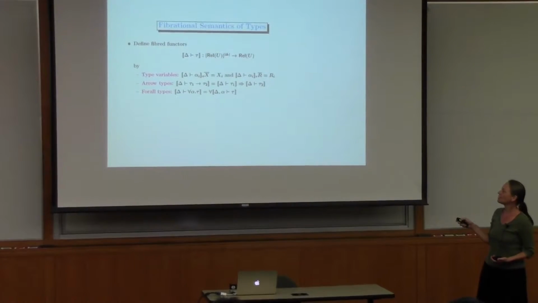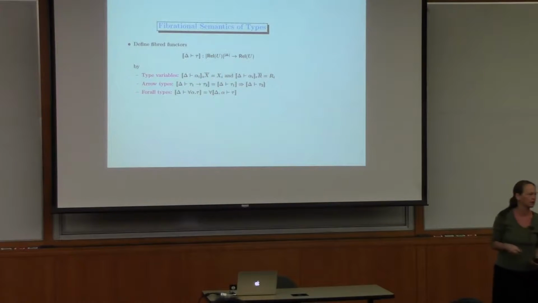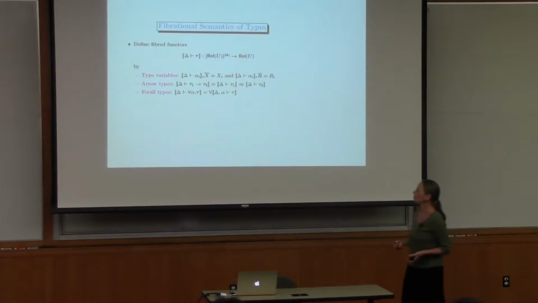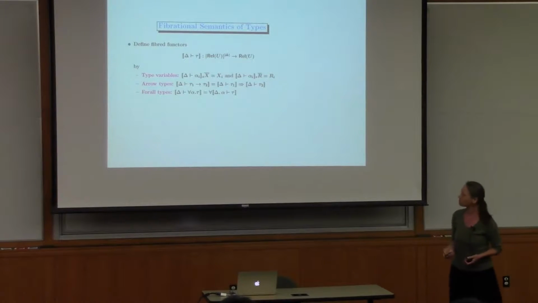Each one has two pieces: this has an exponential in the base and an exponential in the total category, and this one has a component of for all in the base and a component of for all in the total category, but they're constructed differently. So there is something kind of interesting happening here.